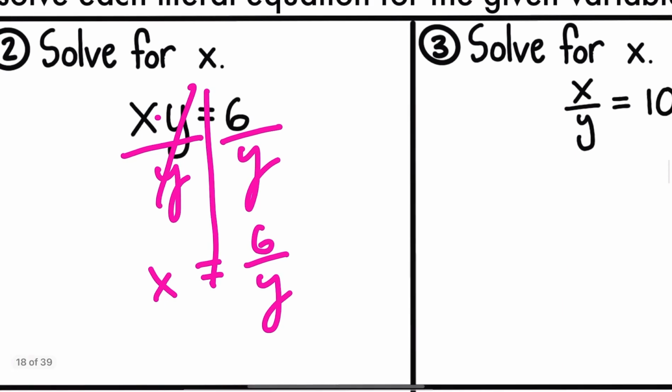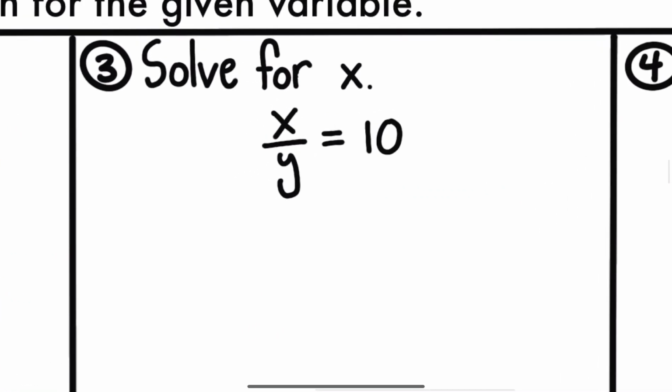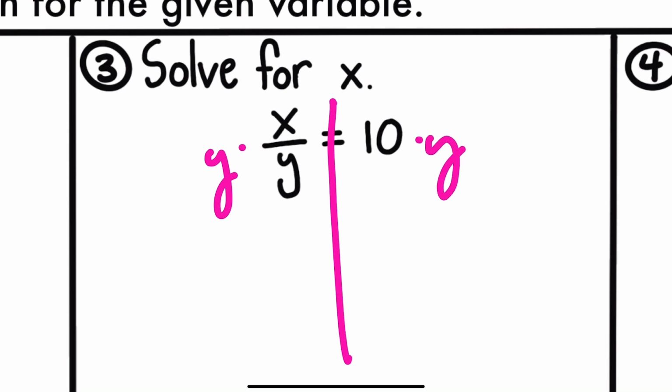Let's try another. Let's try number 3. Number 3 says solve for x. So again, I want to get this y on the other side of my equation. These two are being divided, so the opposite of dividing is going to be multiplication. I'm going to multiply by y on both sides of my line. y divided by y is going to end up giving me a 1.